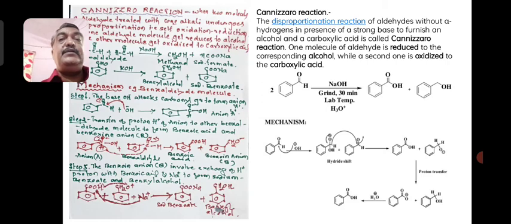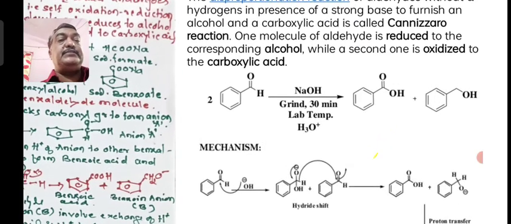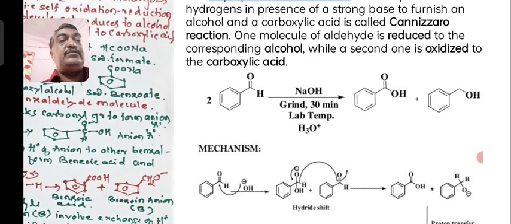Now I think Claisen condensation. So what is this Claisen condensation? When two molecules of aldehyde, where there is no alpha hydrogen, are treated with NaOH at laboratory temperature in aqueous condition, the two molecules undergo oxidation and reduction.